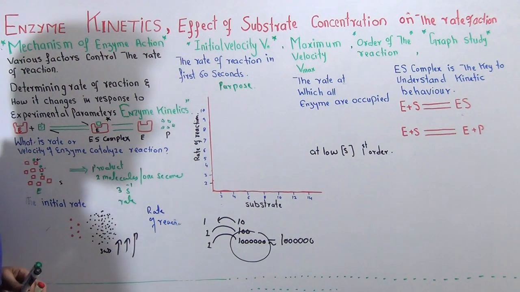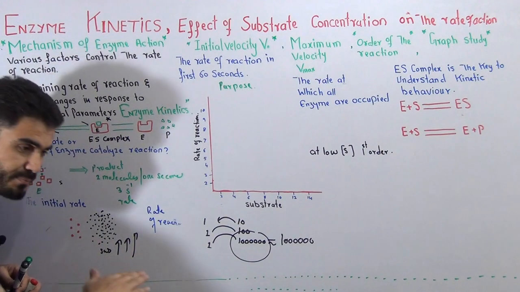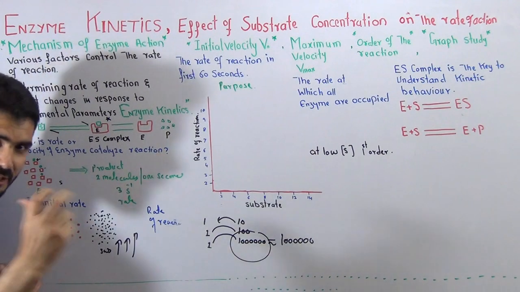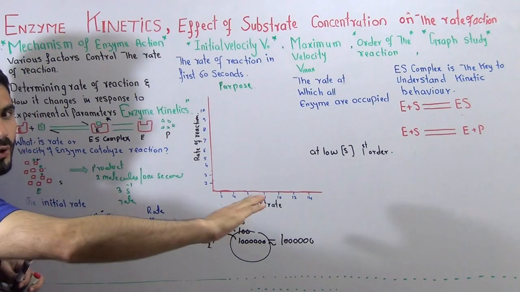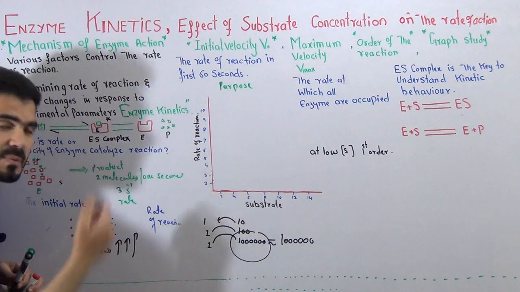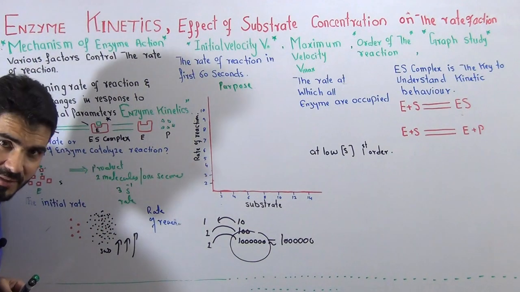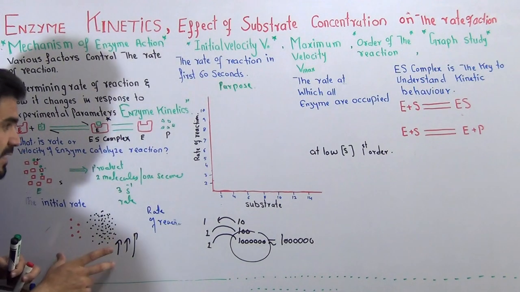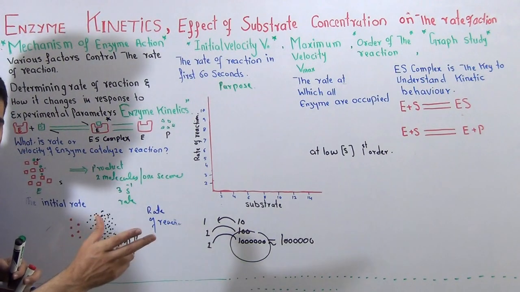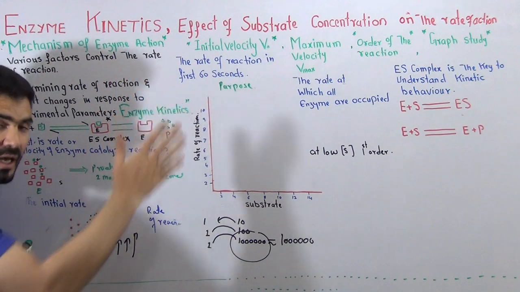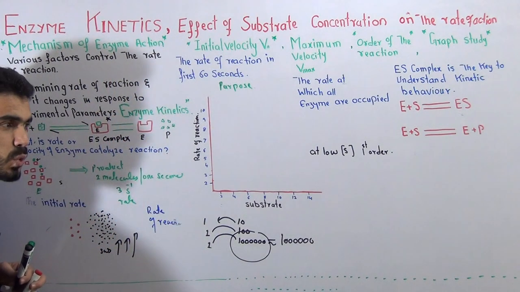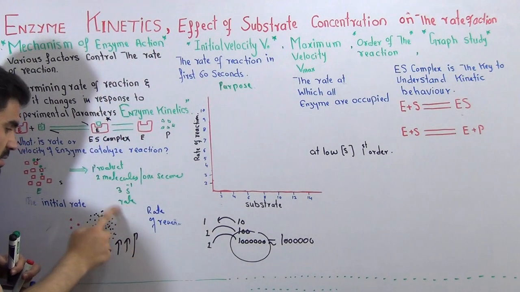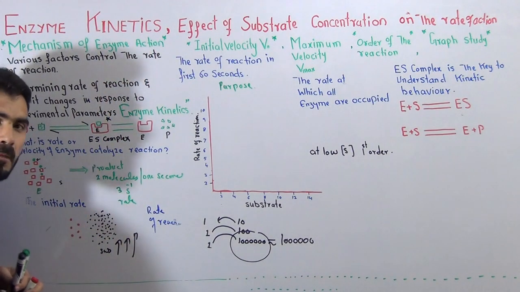That is why we are using a large amount of substrate, just to make sure that the reaction is going on, still the substrate is constant. That is the problem that we had in the beginning. And now what we did, we just use a large amount of substrate. Now the substrate is constant.